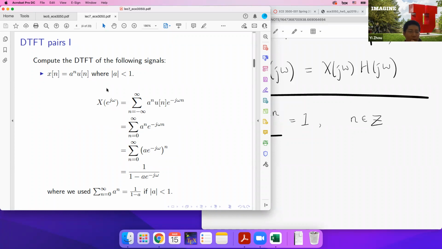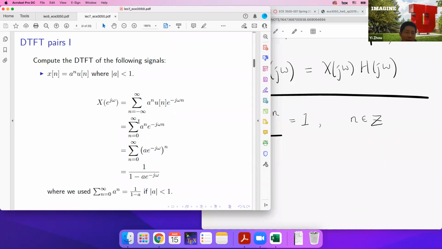By the standard definition of DTFT, because of this u[n], we can restrict the summation to the positive time domain. So we can get rid of this u[n], and instead, n will start from 0.